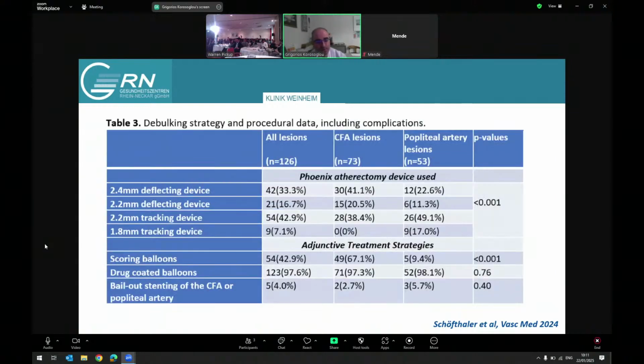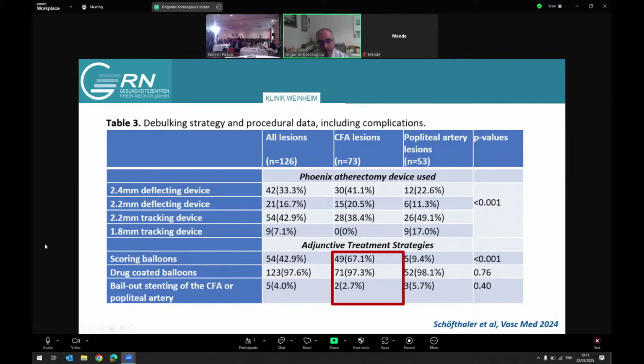Another subsection analysis for the popliteal artery. Here you can see for the common femoral and for the popliteal artery. For the common femoral artery, you see, we would like to do the best for the patient, so we combined this treatment with atherectomy, in many cases scoring balloon angioplasty, and then also in almost all cases drug-coated balloons, and by that we could achieve a stent placement rate of just 3%.